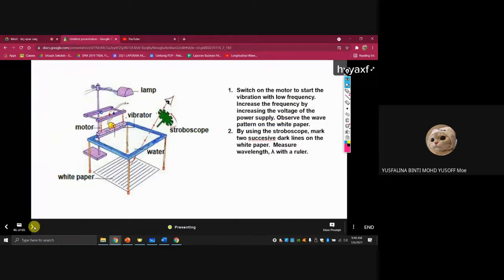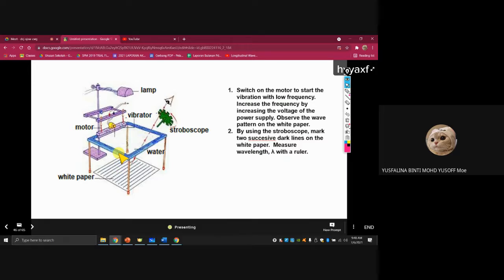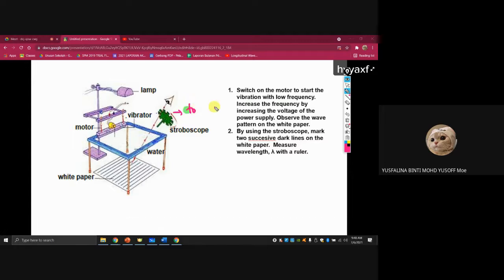Switch on the motor to start the vibration with low frequency. Increase the frequency by increasing the voltage. If you use a ripple tank, you have to observe the pattern on the white paper by using the stroboscope. If they ask you what is the function of the stroboscope, it is to freeze the wavelength.